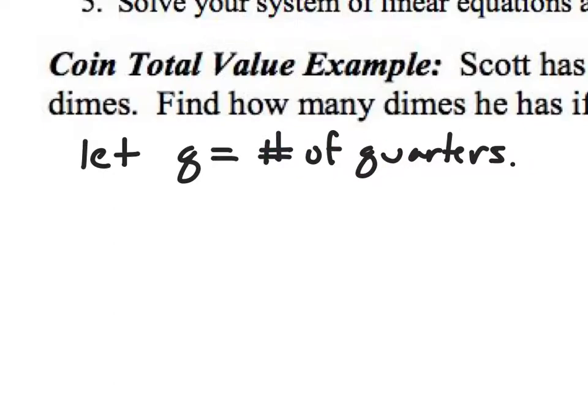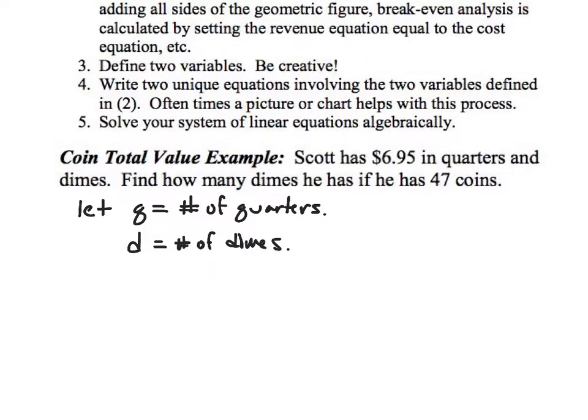And then let D equal the number of dimes. We had to think about the two unknowns that we are trying to find. It wants us to find how many dimes he has if he has 47 coins. This is the part that you have to create: Q is the number of quarters, D is the number of dimes.